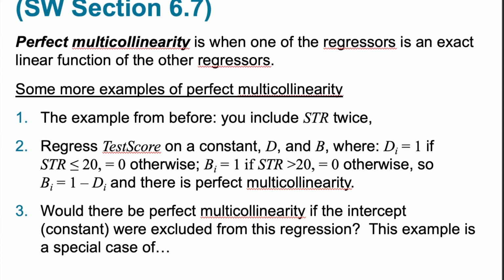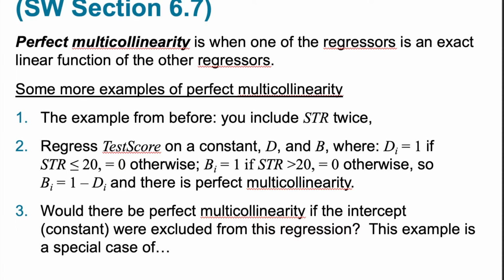So if we regress test score on a constant, D and B, where D_i is equal to 1 if the student to teacher ratio is less than or equal to 20 and 0 otherwise, and a variable B_i which is equal to 1 if the student to teacher ratio is greater than 20 and equal to 0 otherwise.